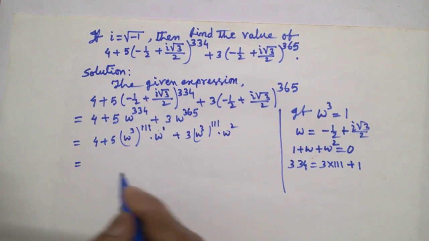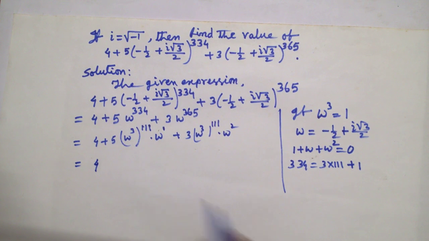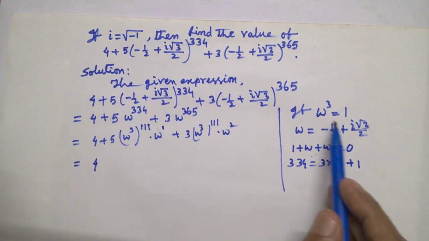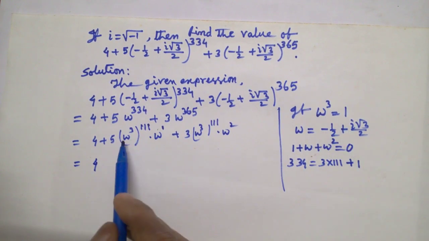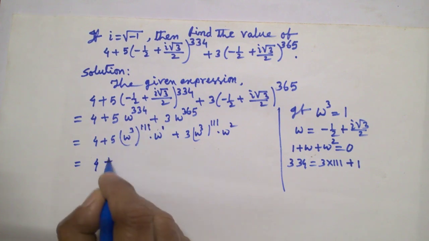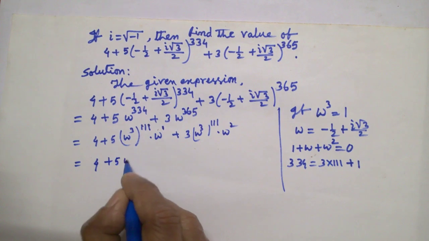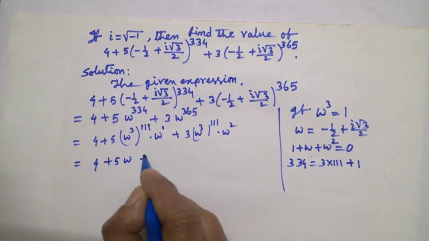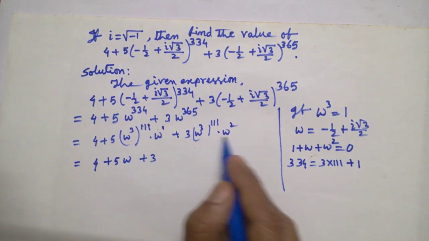That is equal to 4. As it is known from the formula omega cube is equal to 1, 1 to the power anything is 1, so finally this will be 4 plus 5 omega plus 3 omega square.